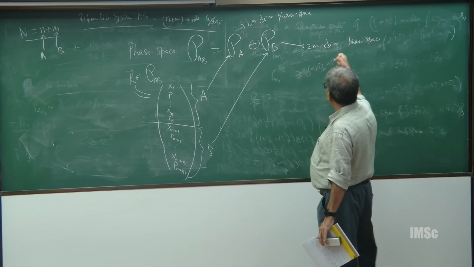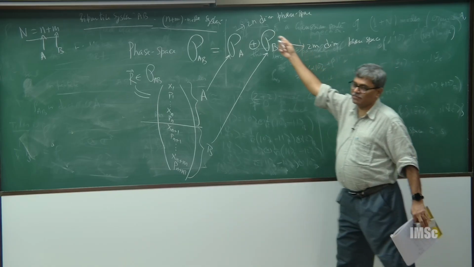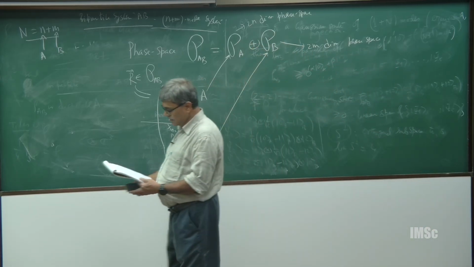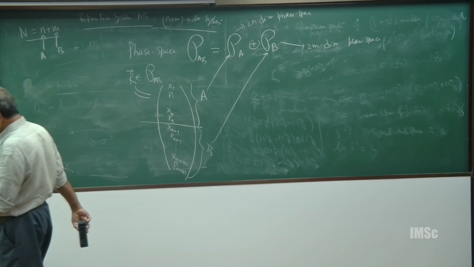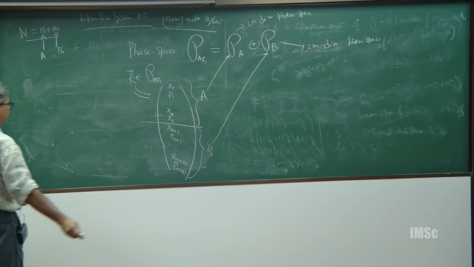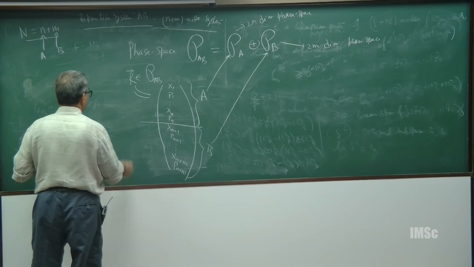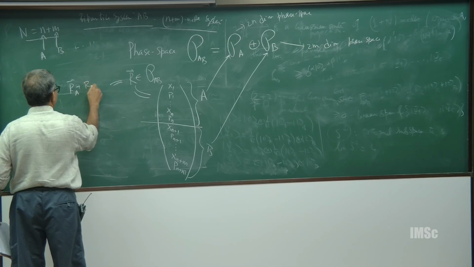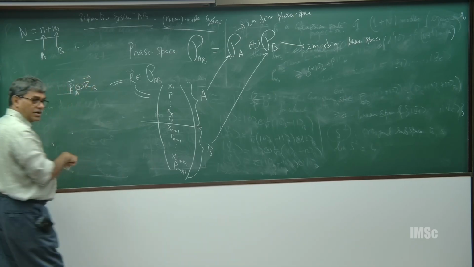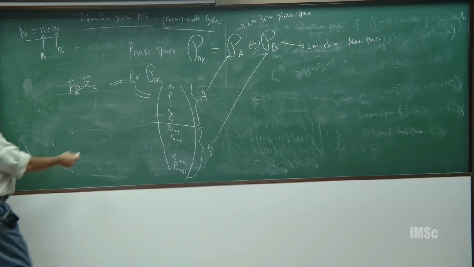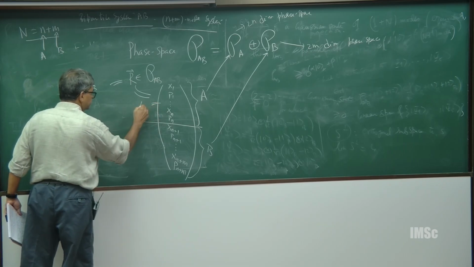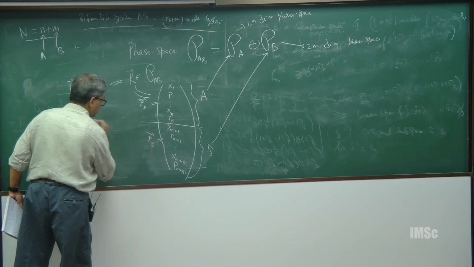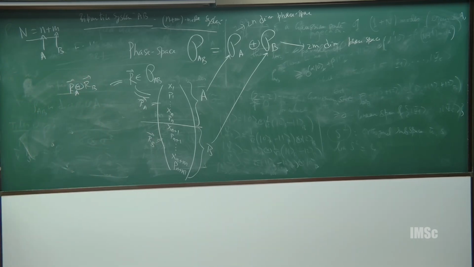So, this is a 2m dimensional phase space, this is a 2n dimensional phase space. As a whole, this is a 2n plus 2m dimensional phase space. So, I can write this as R A direct sum R B. This part is R A and this part is R B, these are the phase space points.